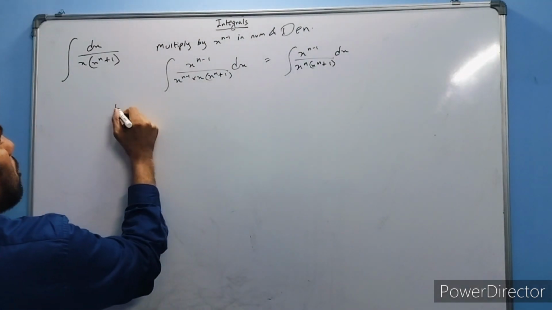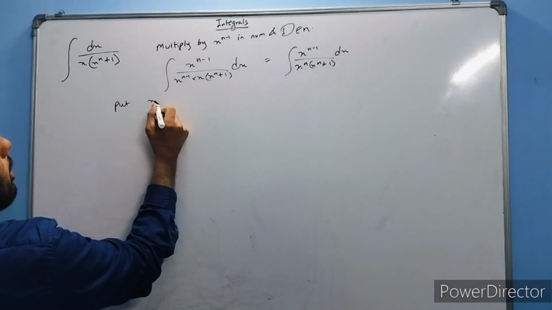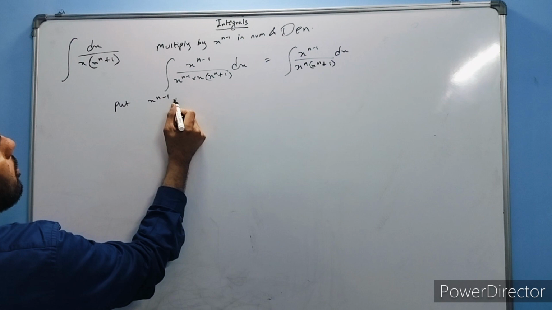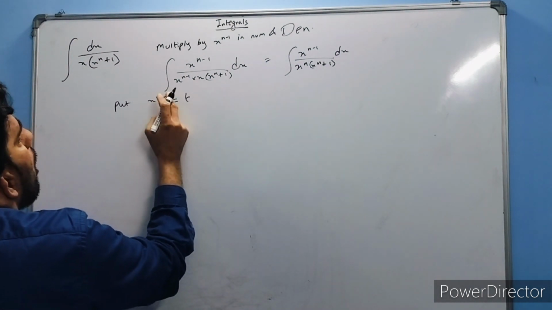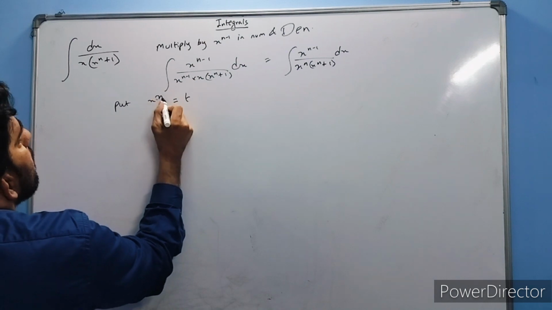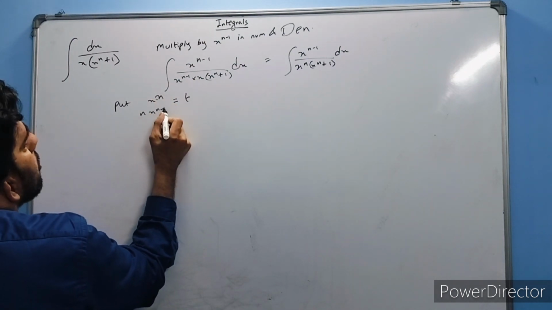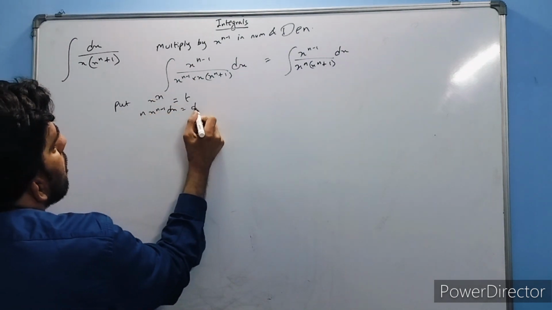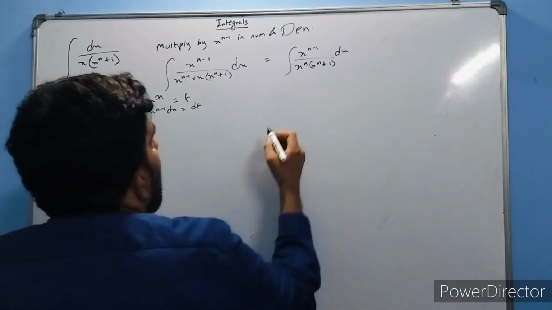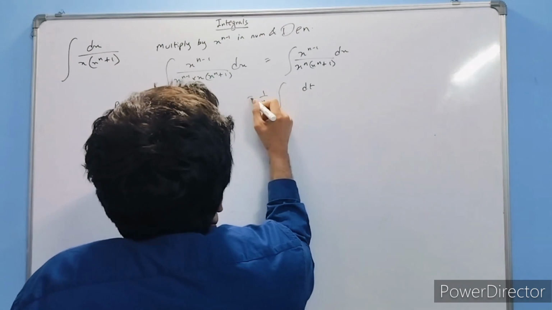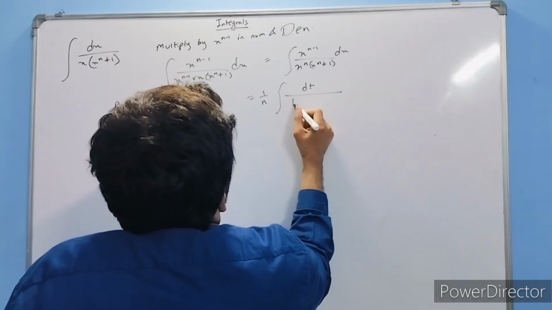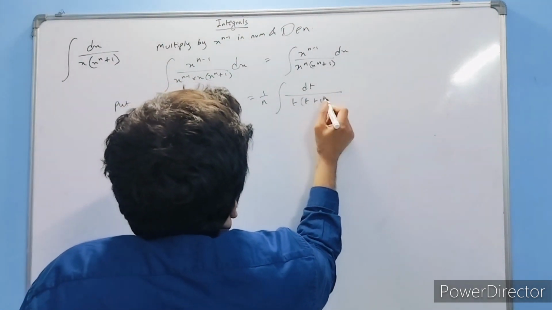Now what we can do? Put x^n is equal to t, so that n x^(n minus 1) dx is equal to dt. So now we'll have dt, 1 upon n will be outside, upon t(t plus 1).